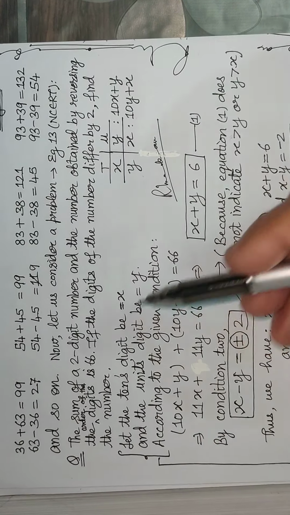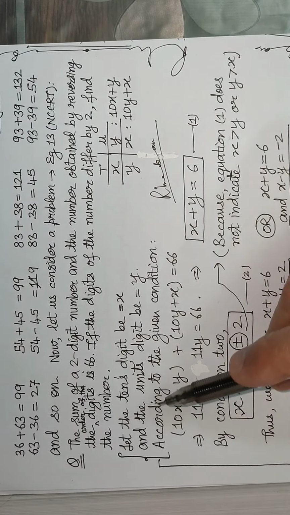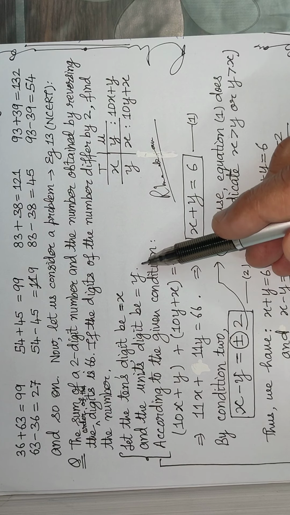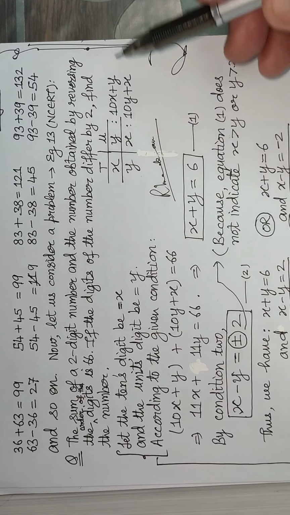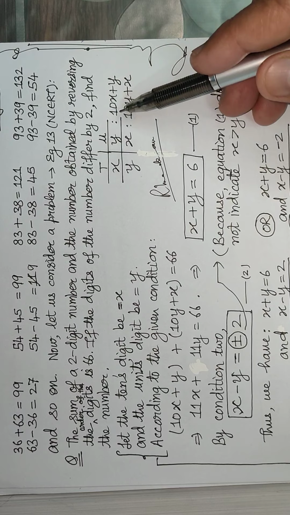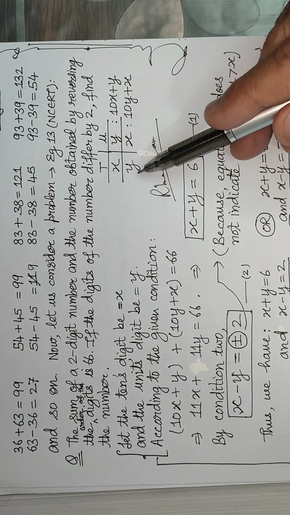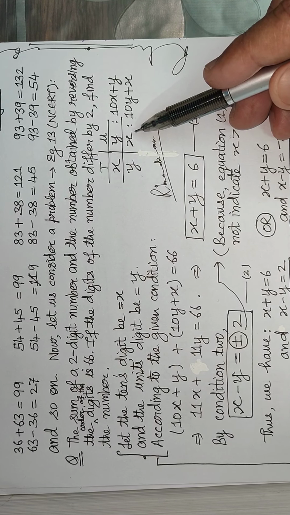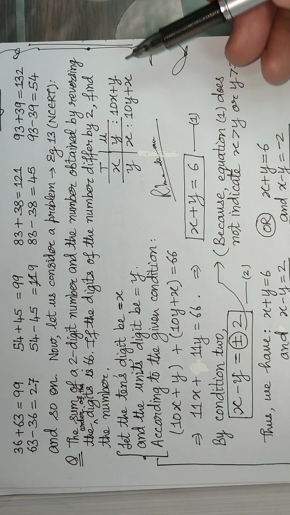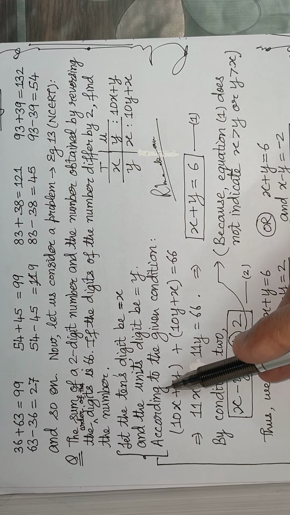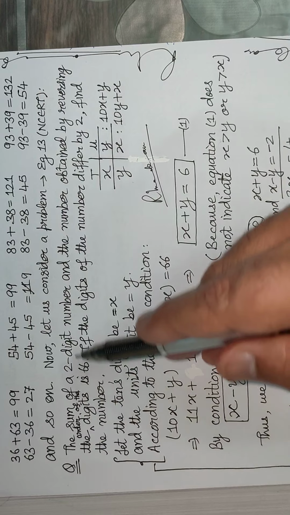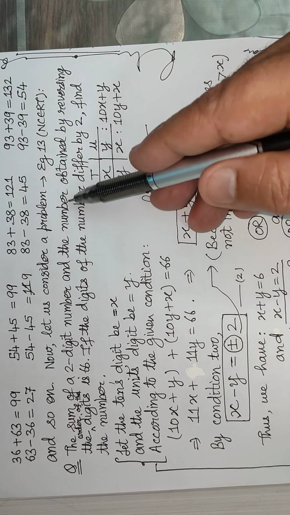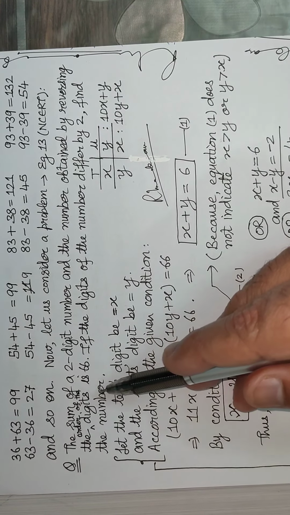Let the tens digit be equal to x and the units digit be equal to y. So the given number becomes 10x plus y, and the number obtained by reversing the order of the digits becomes 10y plus x. Now, according to the first statement, the sum of a two-digit number and the number obtained by reversing the order of the digits.